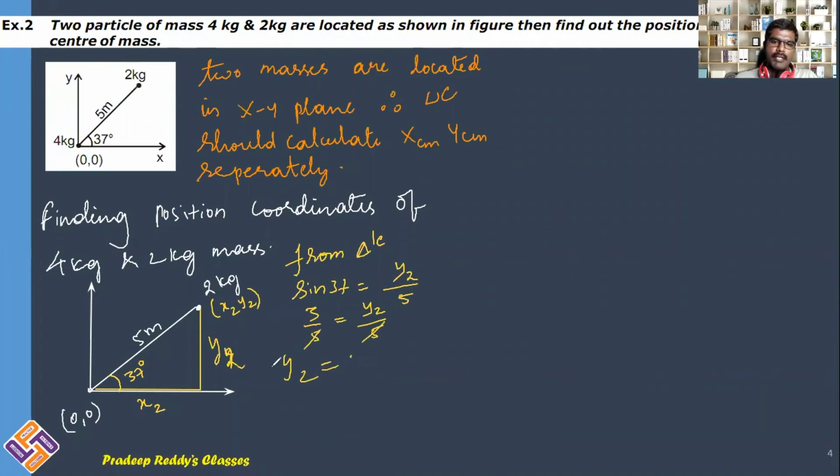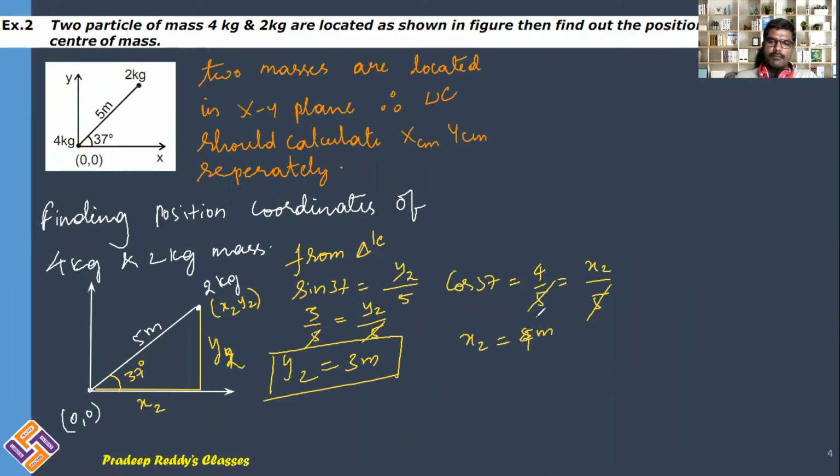Y2 is equal to 3 meter. Similarly, cos 37 is equal to 4 by 5, which is equal to x2 divided by 5. X2 will be equal to 4 meter. The position coordinates of the 2 kg mass are 3 meter and 4 meter.